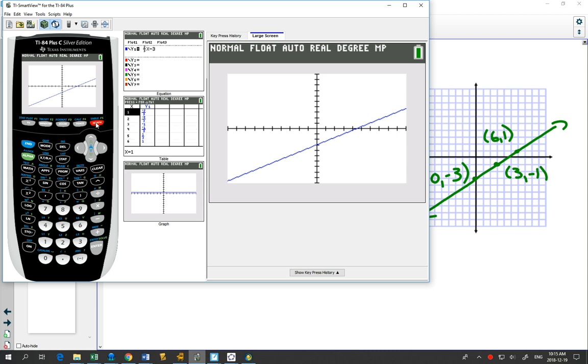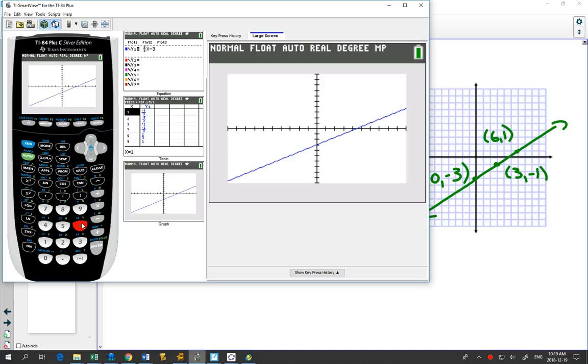There's that line, the same line that we graphed before. So if you have your graphing calculators here, type that in, push graph. You're able to graph anything if you can get the y by itself.